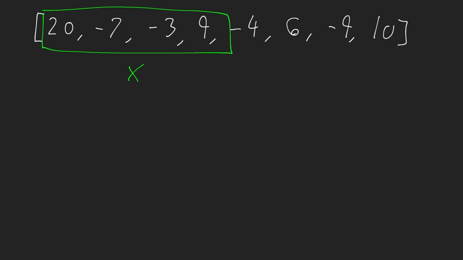I already know what the sum is. I've already calculated it. All I need to do is take x and add -4. Then that gives me a new sum, and we can continue, right? If I want to add 6, again, I don't need to repeat this calculation. I just take whatever the sum of this subarray is, if I've stored that, and add that to 6.